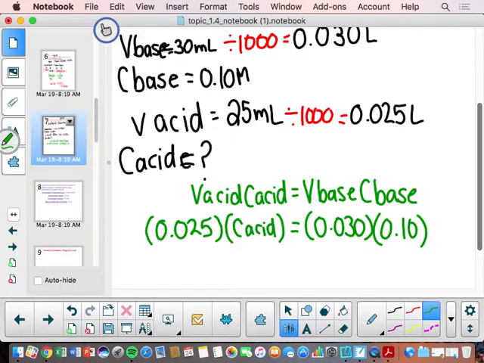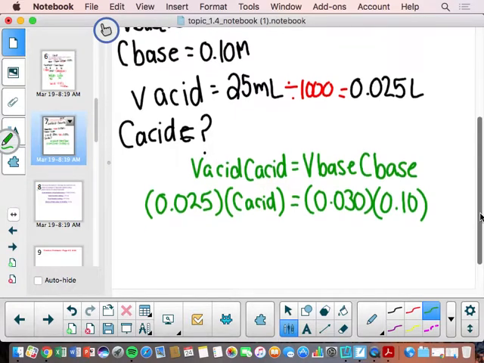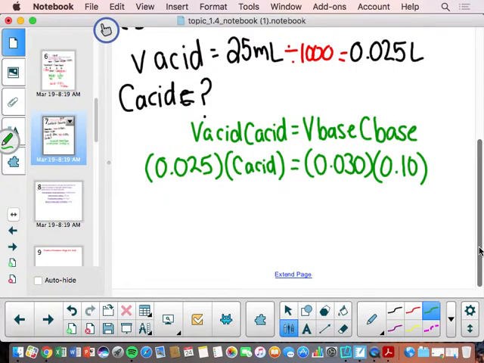Alright, so I've just taken all of the pieces from what we figured out from the question and substituted them into our formula. Now what do we do, Kelvin? You don't need to calculate, I just want you to tell me what we do. Sure. Multiply the ones on the right, so you can do that.